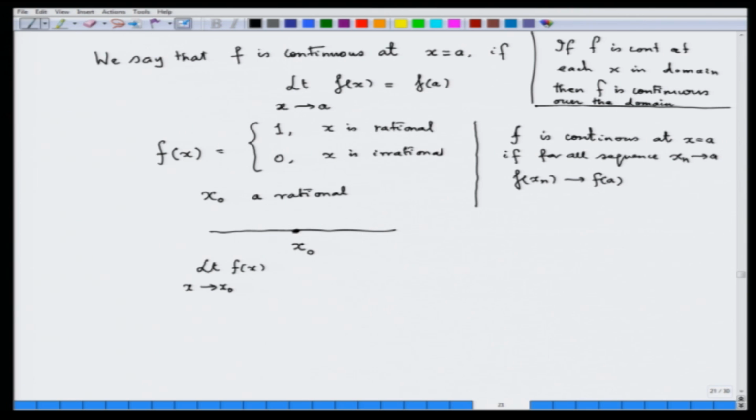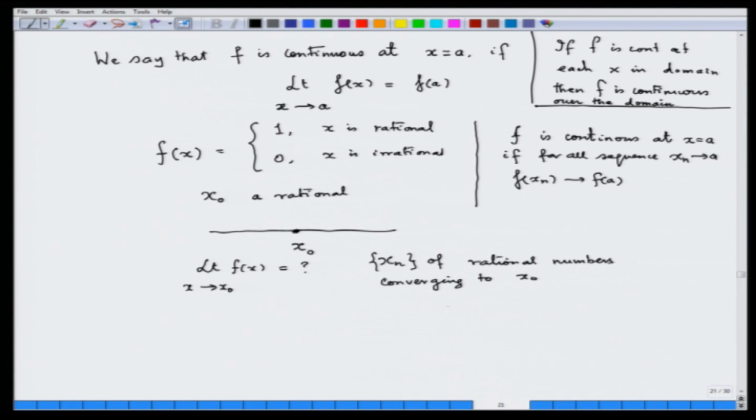For example, consider a sequence xn of rational numbers converging to x naught.